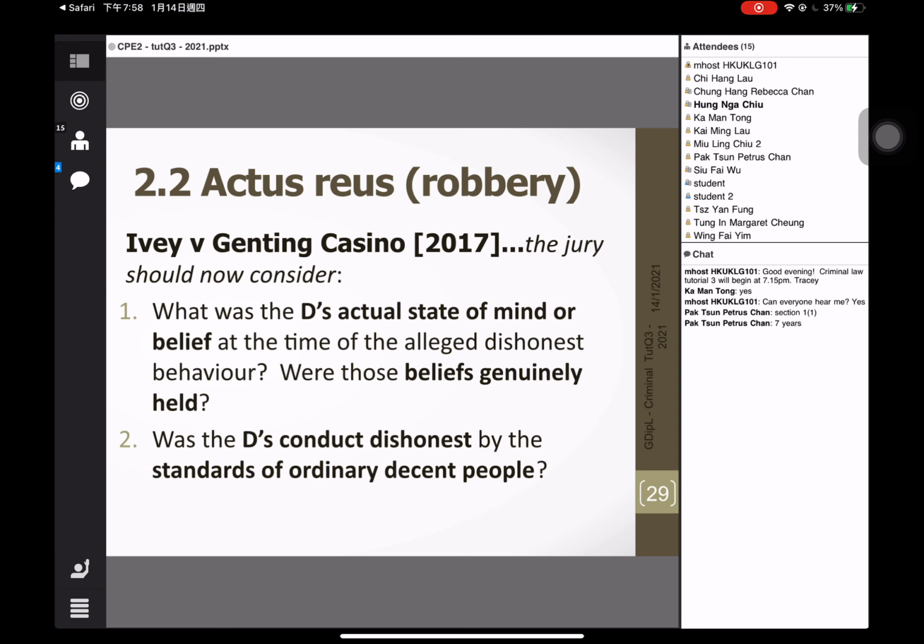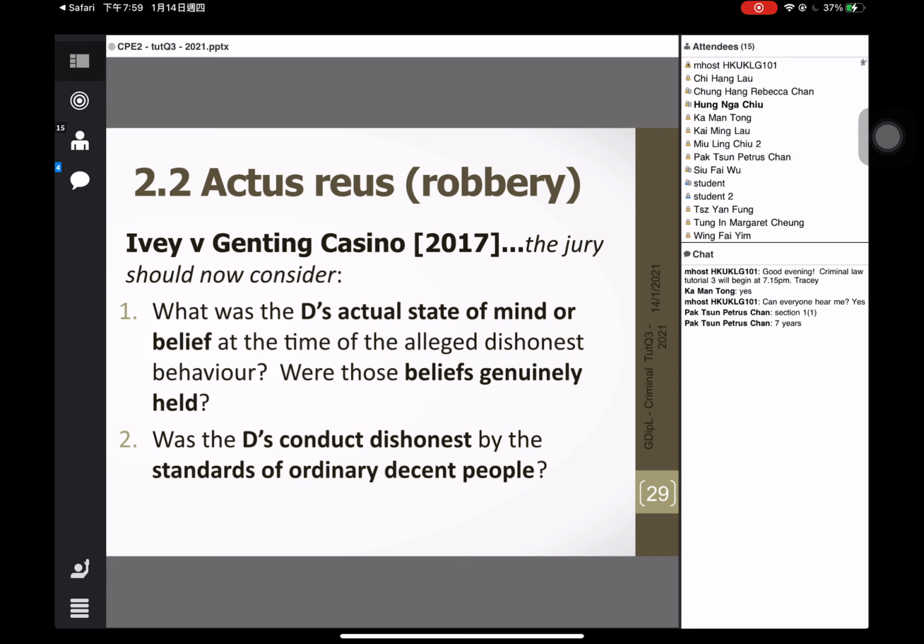They stated, even though they were dealing with a civil case, that in criminal law the criminal courts should actually follow the civil law test, and this is essentially the civil law test. So what was the defendant's actual state of mind or belief at the time of the alleged dishonest behavior, and did the defendant hold those beliefs genuinely, honestly?